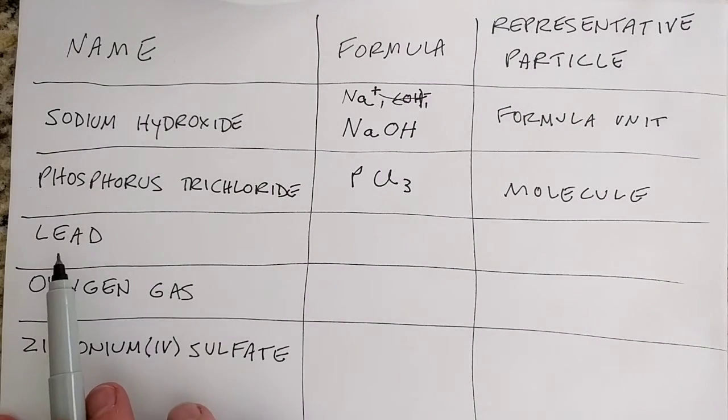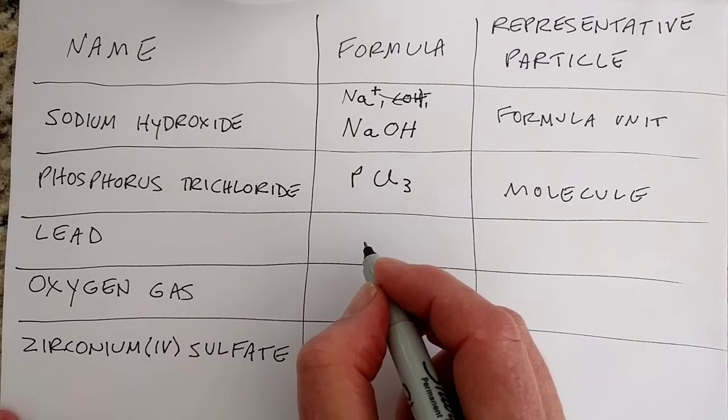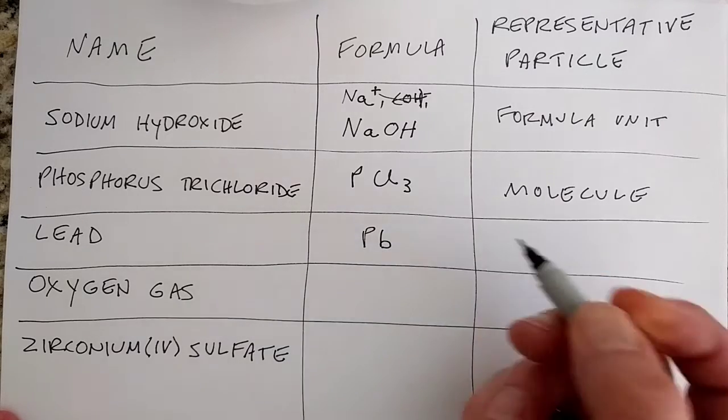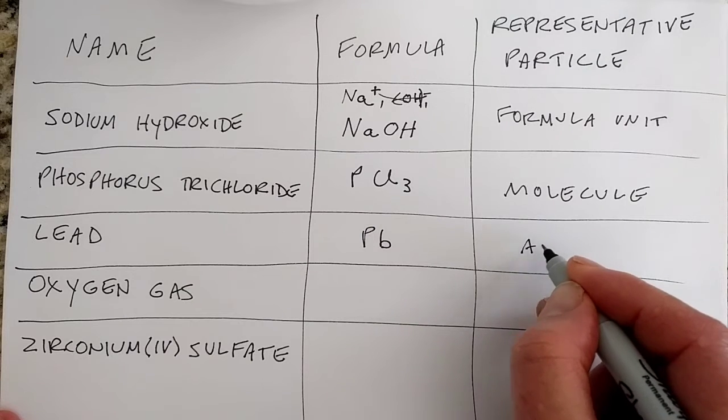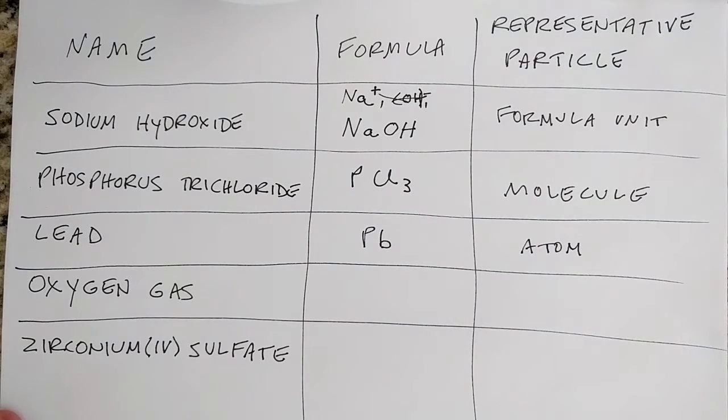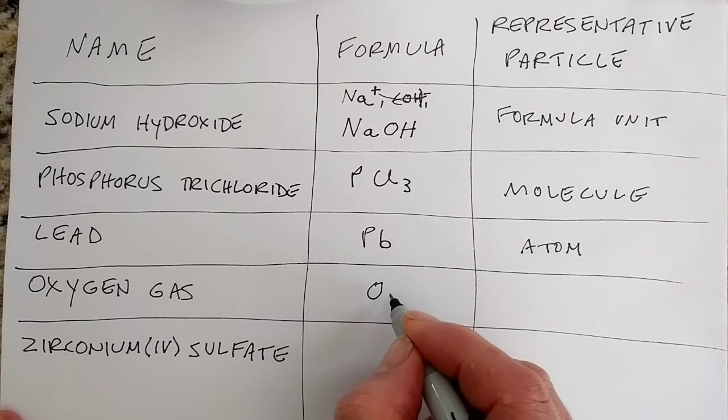All right, our next substance is lead. Well, lead, that's just Pb. And the smallest particle of lead that you can have is an atom of lead. Oxygen gas. If we have some oxygen gas, like we have in our atmosphere, we have O2 for our formula.